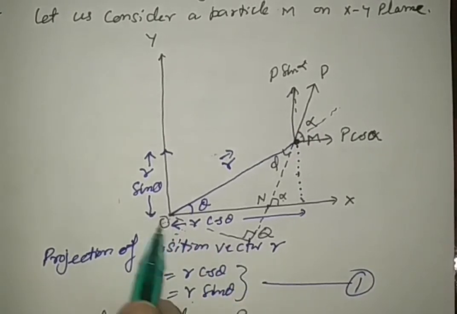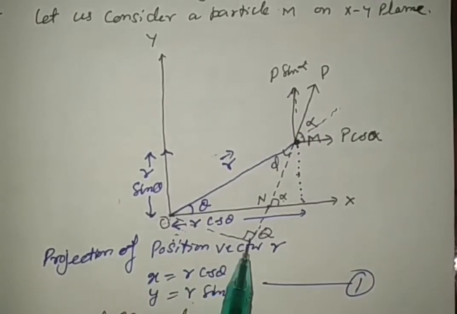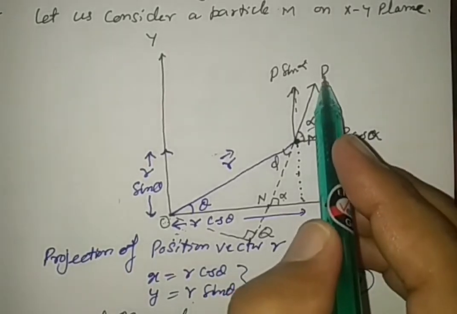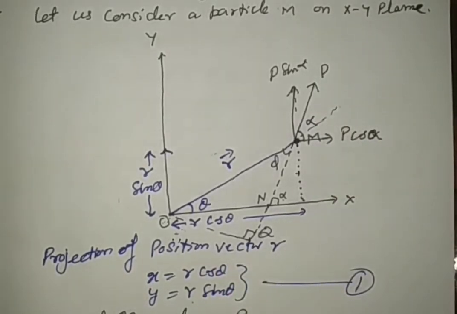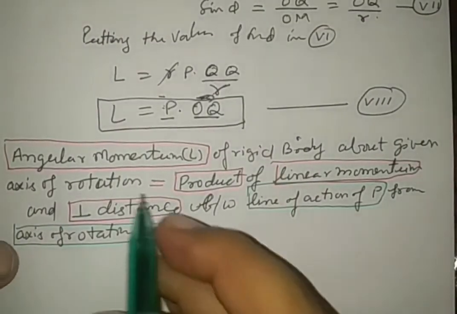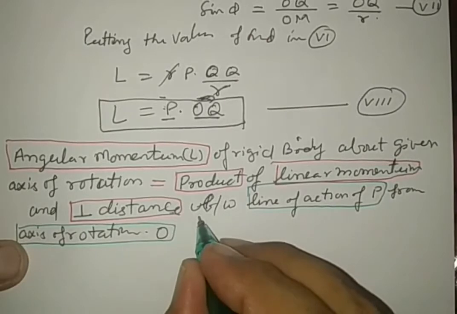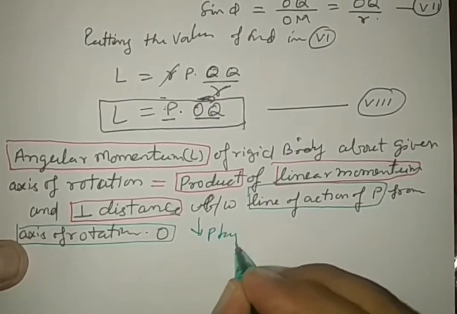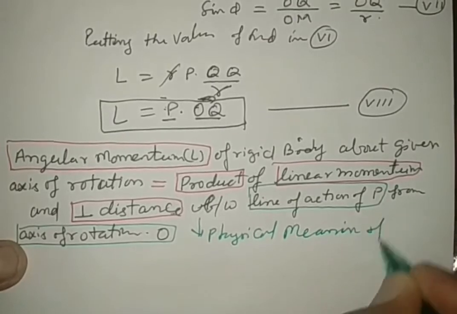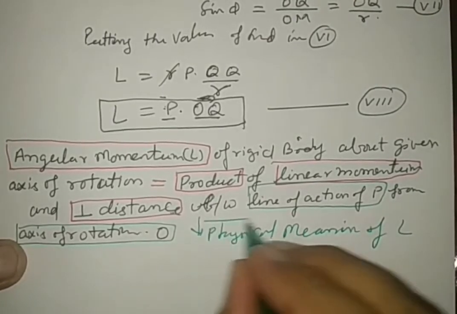This is a perpendicular distance, multiplication of perpendicular distance A and this momentum is called what? Angular momentum. See one more. This is called the physical meaning of angular momentum.